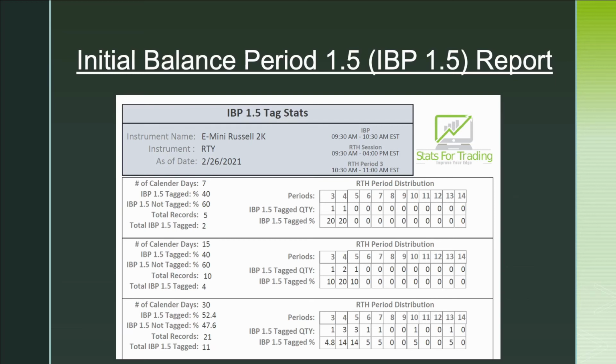So if you're not seeing higher numbers, be really careful about using those as trade destinations during the RTH period distributions. And we see there that if you look at the 7 days, 40% of the time it happens between the third and the fourth half hour. So that's the second hour of trading. The rest of the day, and if you look at the other reports, the rest of the day, it's not hit very often at all.